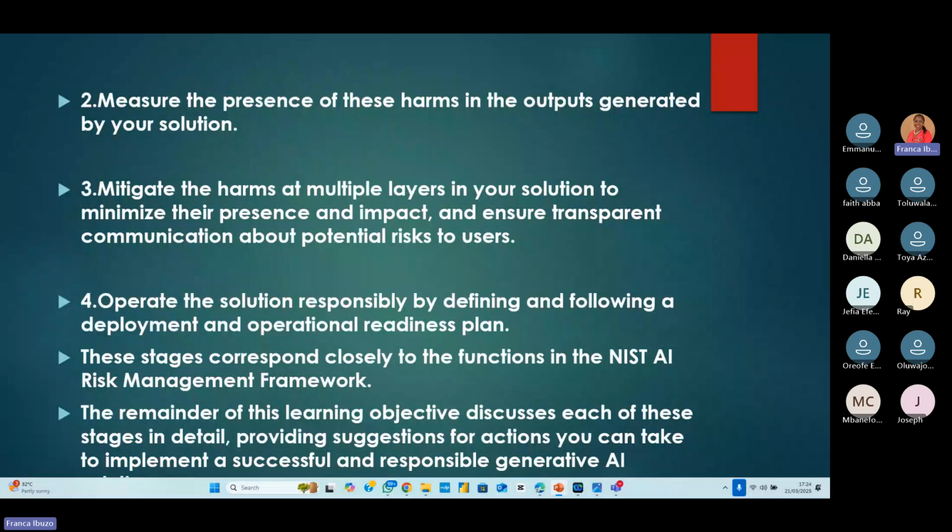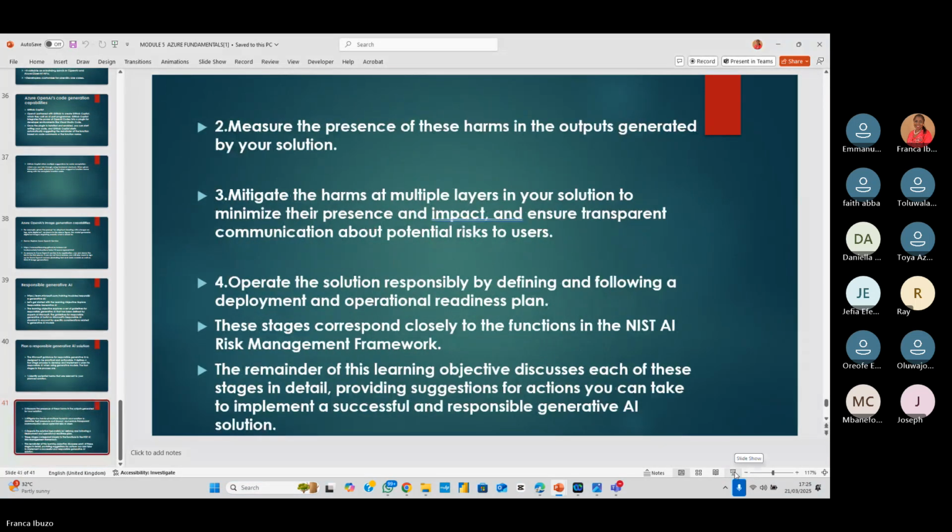These stages correspond closely to the functions in the NIST AI risk management framework. The remainder of this learning objective discusses each of these stages in detail, providing suggestions for actions you can take to implement a successful and responsible generative AI solution.